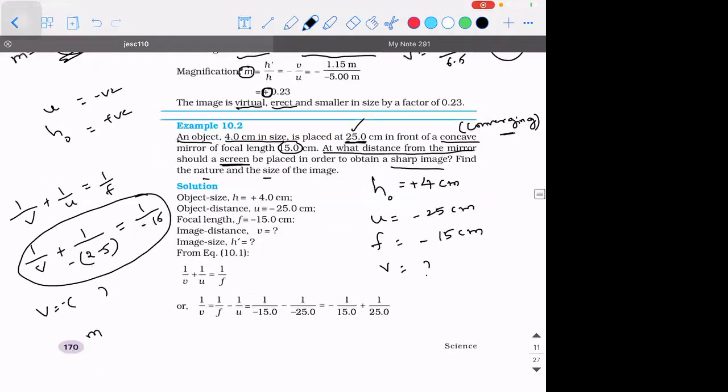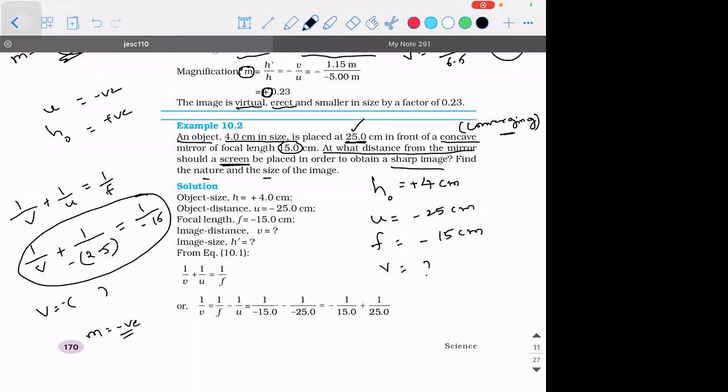So in this case, is it forming a real or virtual image? Real image. So magnification should be negative.